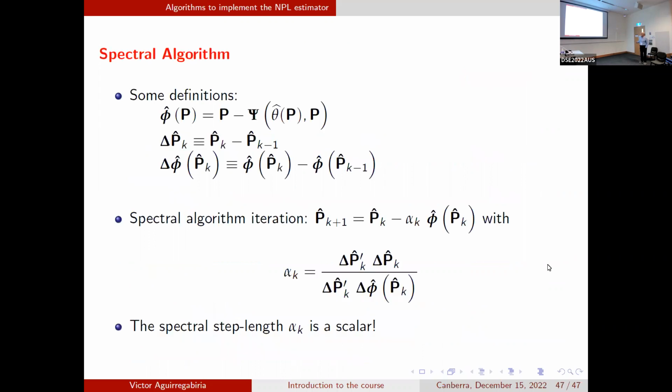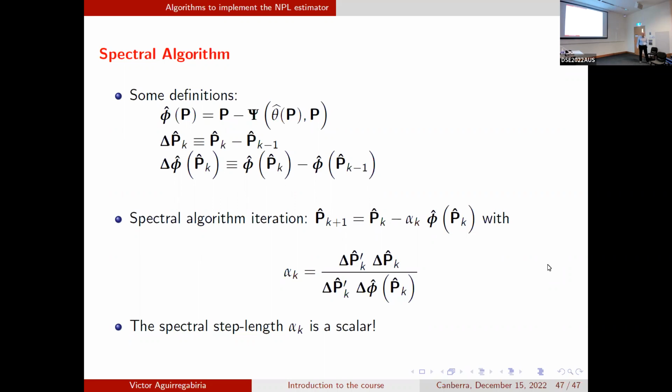Then this is a particular example. There are different versions of the spectral radius. Okay, basically, we can think of the Newton iteration as this type of expression here, where we have this scalar lambda.